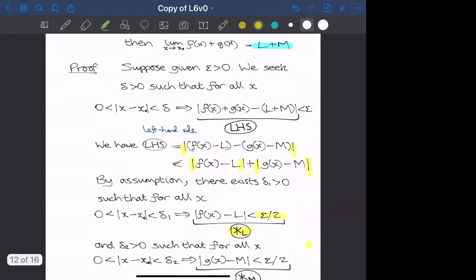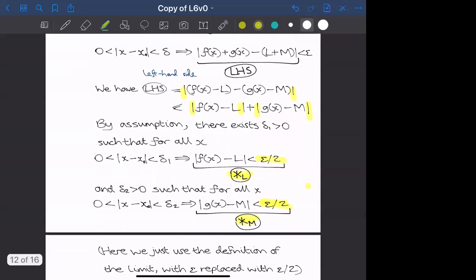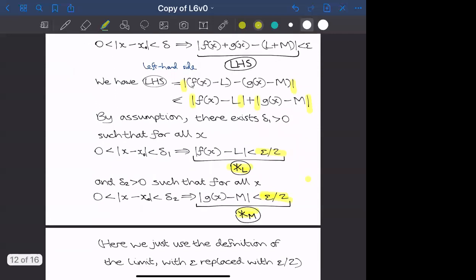But first, let's just say that there also exists delta 2 greater than 0, such that for all x, the same kind of statement is true but for g and M. So I call this star M. It's the distance of g(x) from M is less than epsilon over 2. Okay, and just to be clear, here we use the definition of the limit, but we replace epsilon with epsilon over 2.